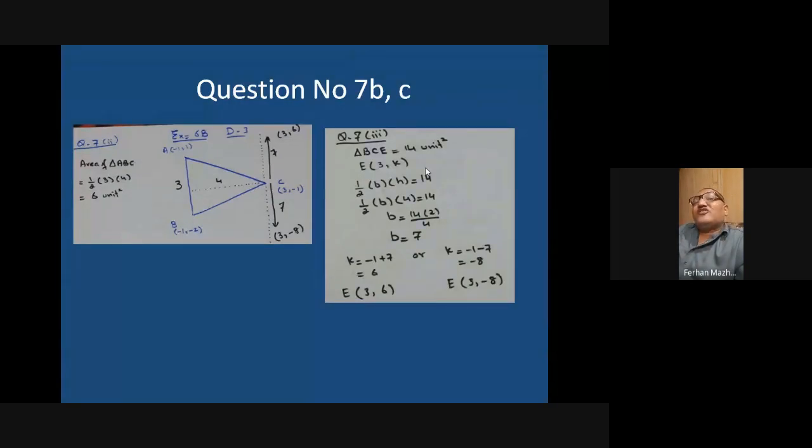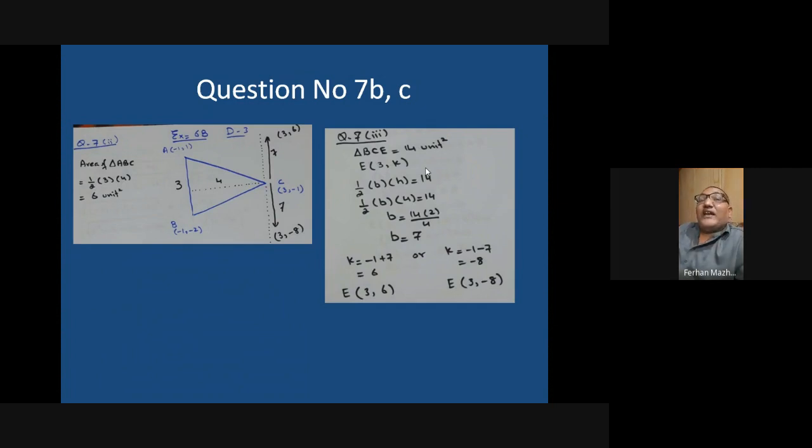So the height of this triangle is 100% 4. I don't know what the base will be, so 1 by 2 base into height equals 14, and I will find the value of the base. That will be 14 into 2 divided by 4, and the answer is 7.